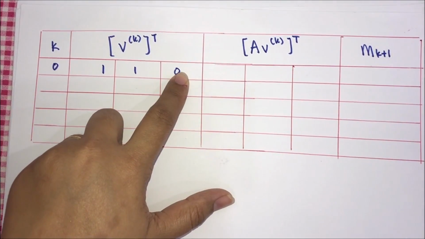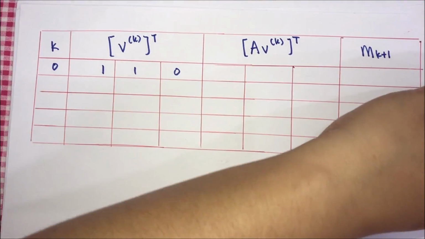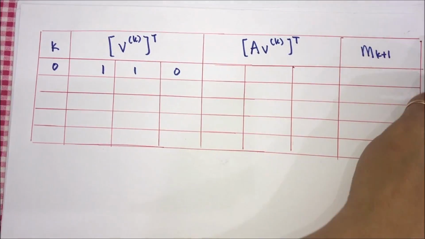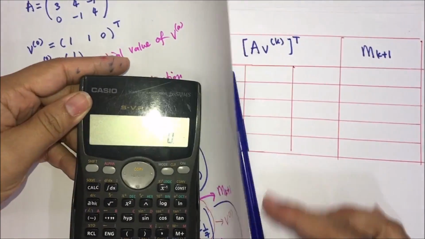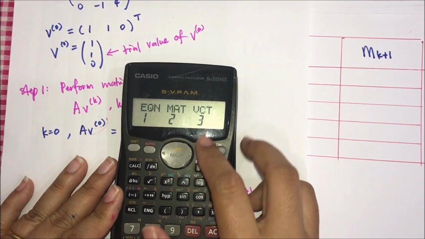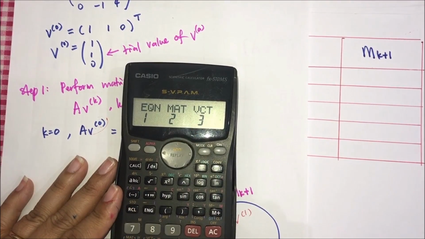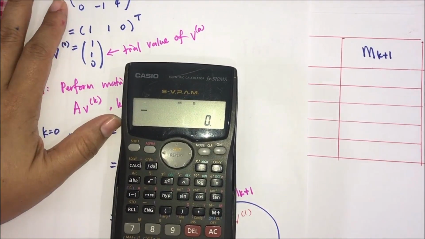Then we solve. This one you can just put in the calculator. If you are using the old calculator, make sure you choose matrix mode, MAT.